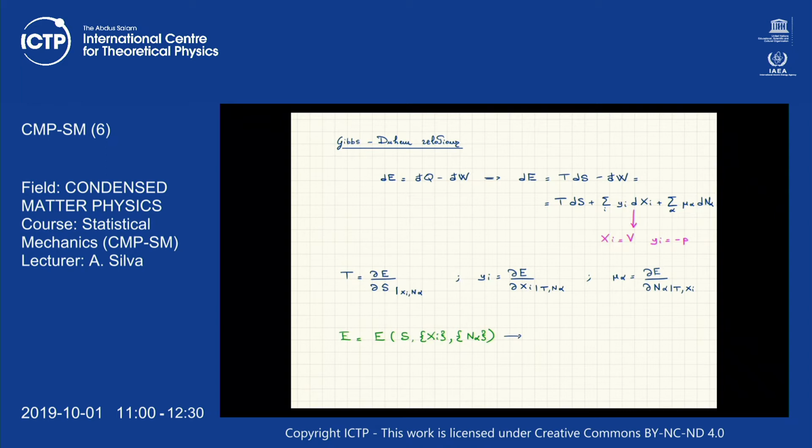It means that if I take E evaluated on lambda times S, lambda times xi, and lambda times n alpha, so if I increase the volume by a factor lambda, and therefore the entropy increases by a factor lambda, and therefore the number of particles increases by a factor lambda, if I fix the density, of course, then the energy will increase also by a factor lambda because it's extensive, right?